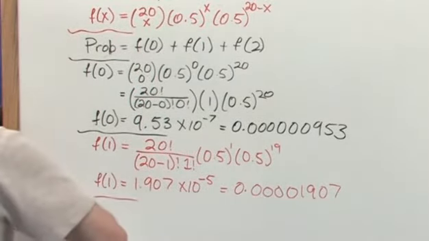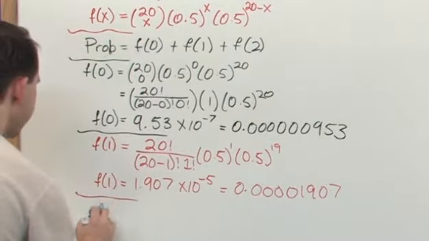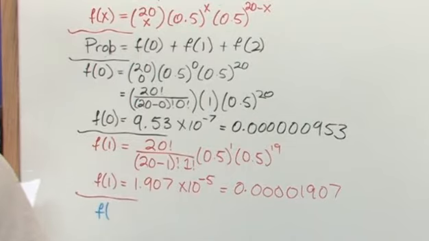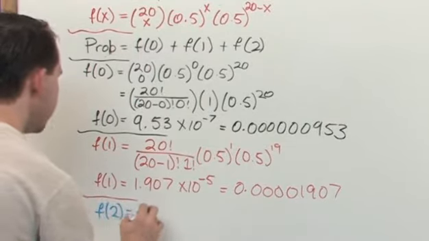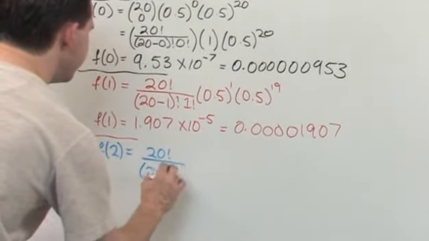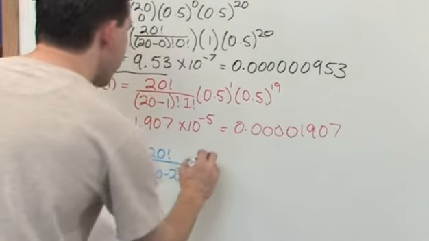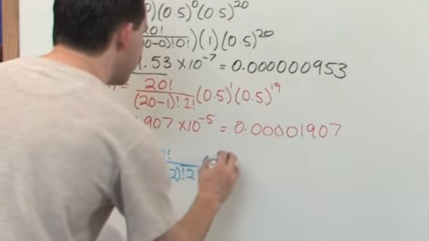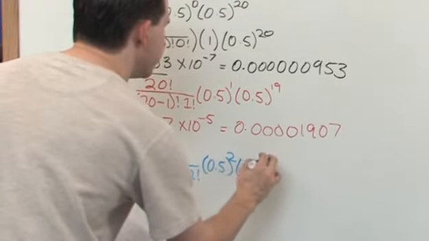And then finally, let me go ahead and switch colors one final time. We're trying to find the probability that they hire at most 2 or fewer women. So the probability that they actually hire 2 women is, again, the 20 factorial, because that's n factorial, over 20 minus 2 factorial times 2 factorial. And then over here, the probability that I actually hired those 2 women, I've got 2 women, so those are those guys, and the 0.5 to the power of 18.